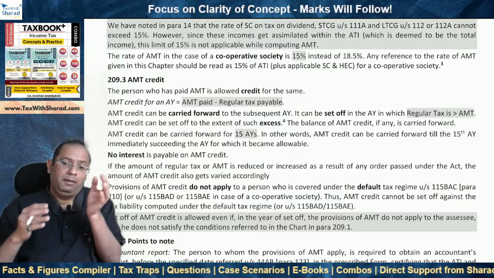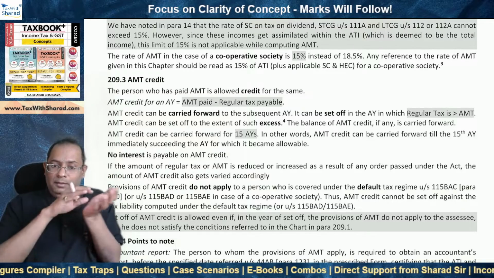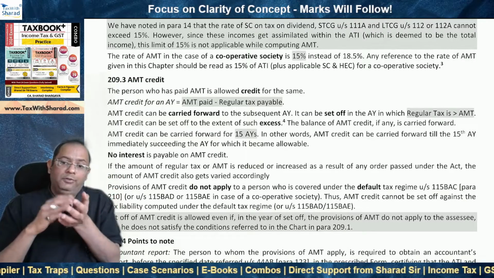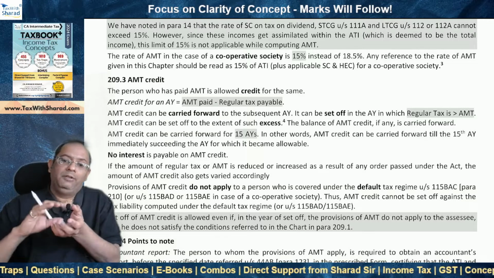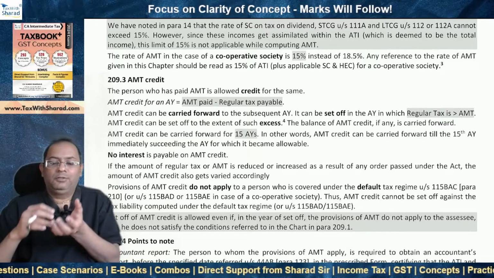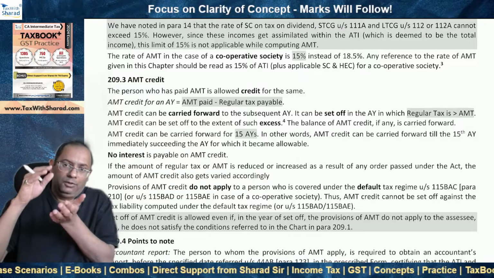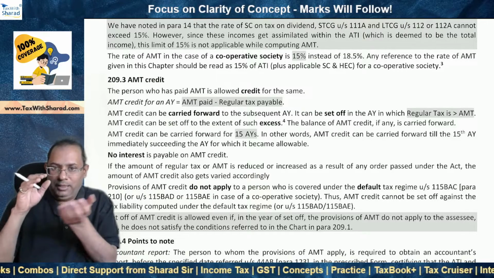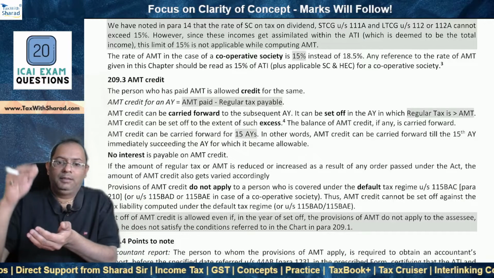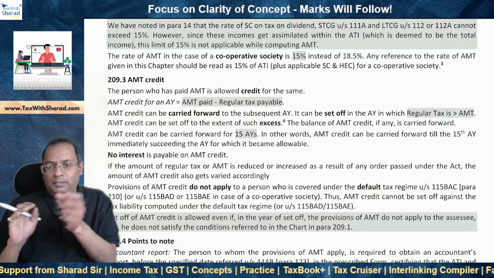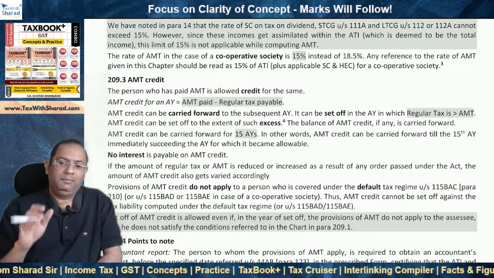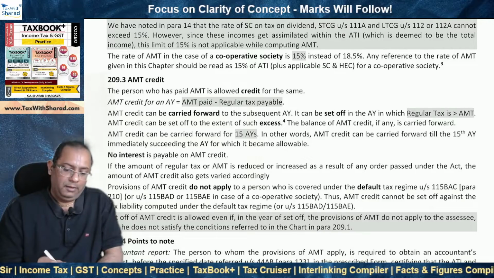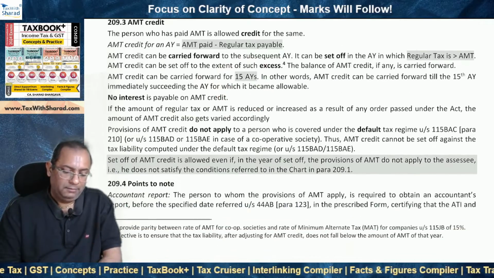You set it off in the year in which you don't pay AMT but pay regular tax, because the regular tax is more than AMT. To that excess you set off, with the result that your regular tax comes down to the extent of that set off. If there is a balance, you continue to carry it forward. The limit is 15 assessment years.